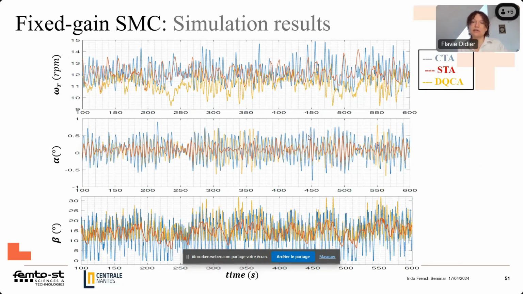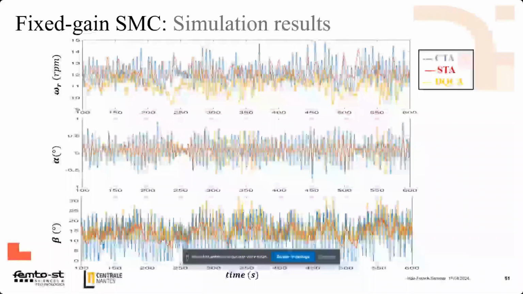We can see that the three controllers can achieve the control objectives, but for example the CTA, the continuous twisting algorithm, shows more oscillation, notably for the control inputs. But the super twisting algorithm is the one that performed better than the three others.